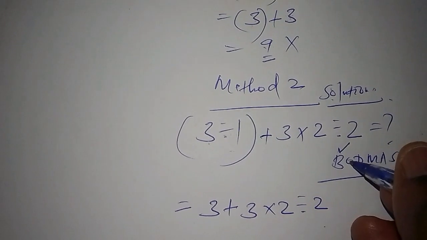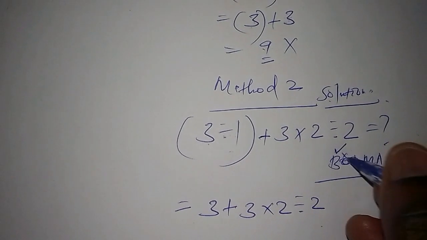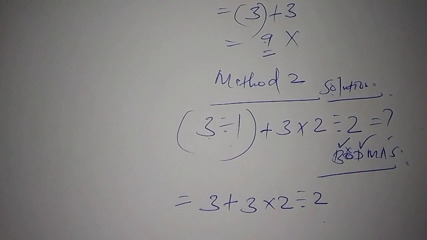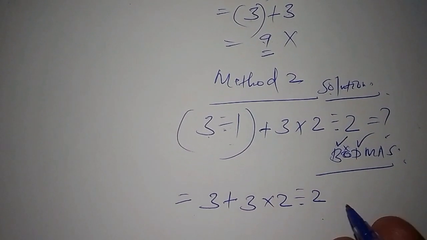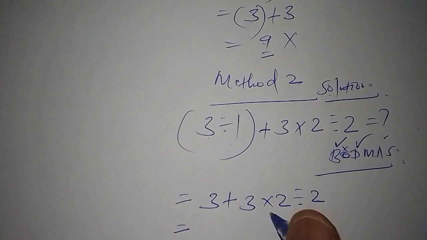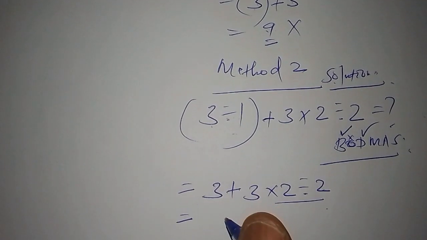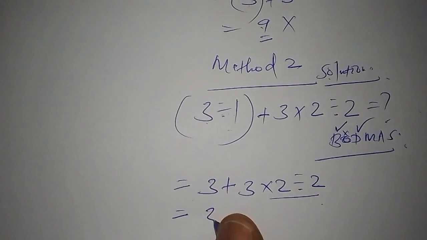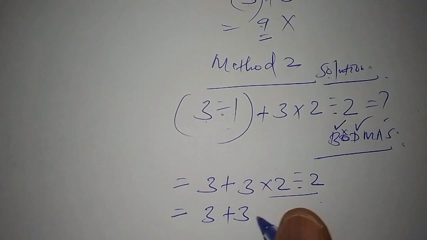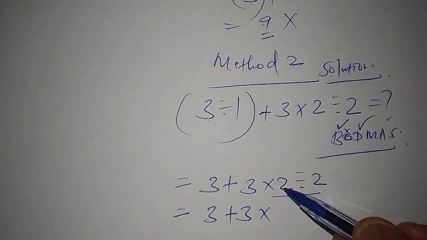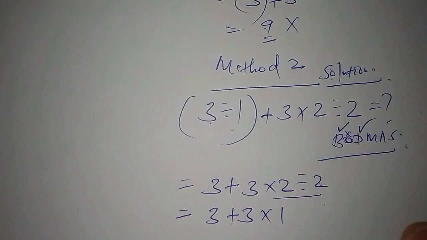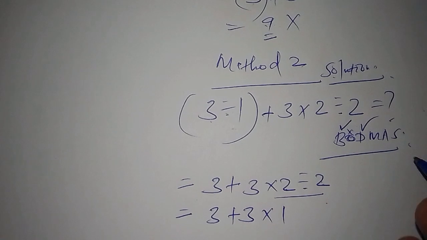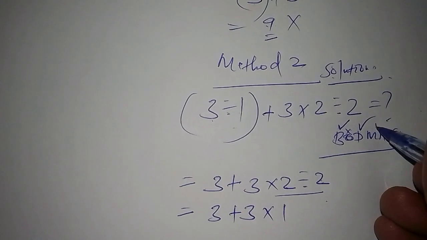Then the next one we don't have, of, so now we move to the division sign. So we have this division, so we have to work out this one now. So we have 3, add 3, multiply by 2, divide by 2 is 1. The next operation that we have is multiplication.